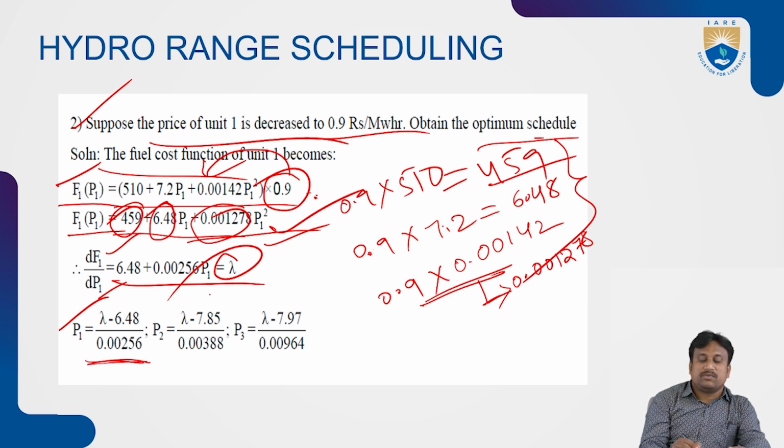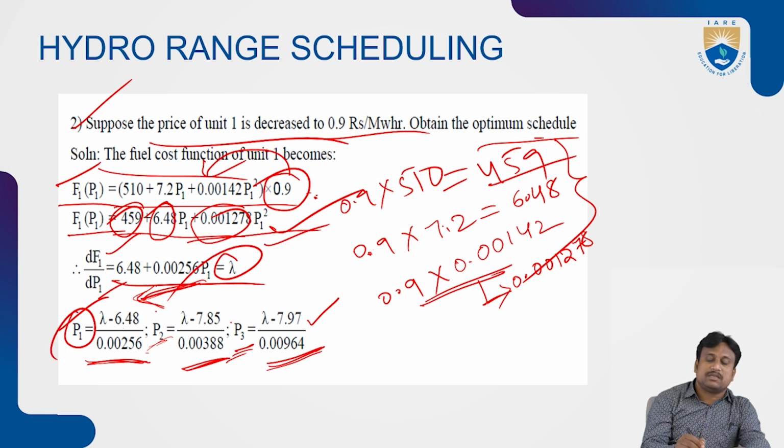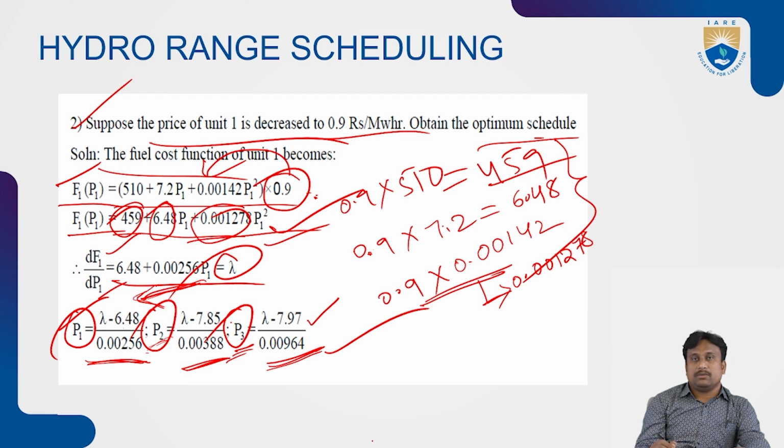From this condition, we are getting the P1 value as lambda minus 6.48 by 0.00256, and P2 as lambda minus 7.85 by 0.00388, and P3 as lambda minus 7.97 by 0.0096. So these are the three sets of combinations P1, P2, P3 we may obtain.